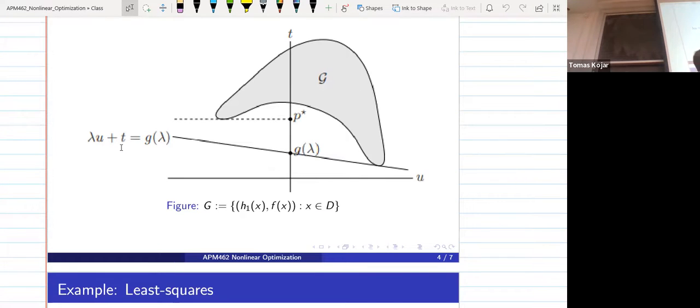So it says that even if your problem is not convex, the maximum of G(lambda) will be a lower bound for the minimizer. So this is the minimizer for the function, P star. And it says that the maximum of G(lambda) will always be at most that.